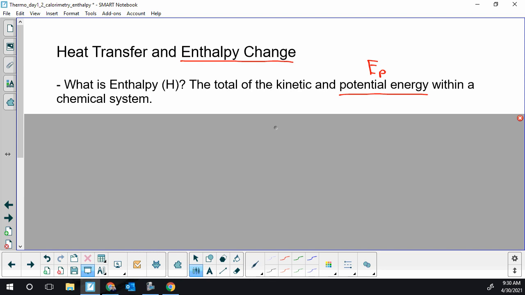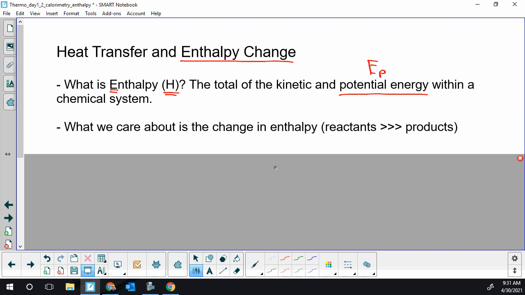Now you're going to see very little change in kinetic energy between the beginning and the end. It's pretty much all potential, and that's what we'll be measuring. So change in potential from the beginning to end, we're going to call enthalpy. Now the word enthalpy starts with an E, and E was already used for energy, so the letter H was chosen to represent enthalpy.